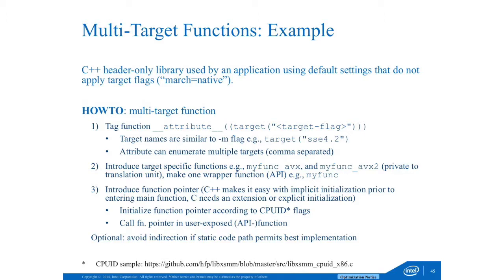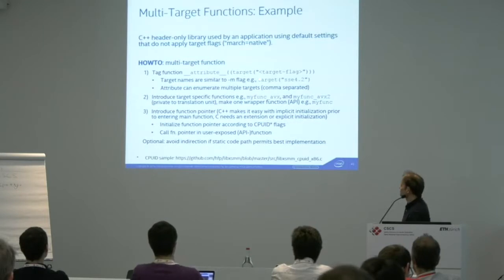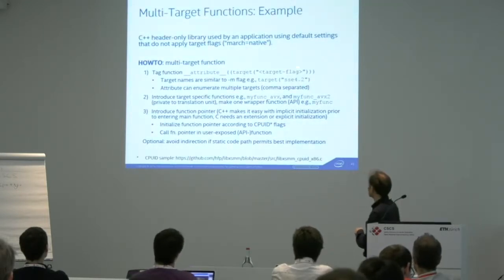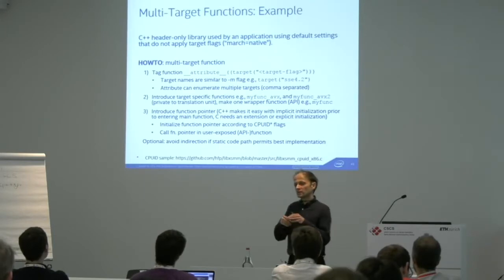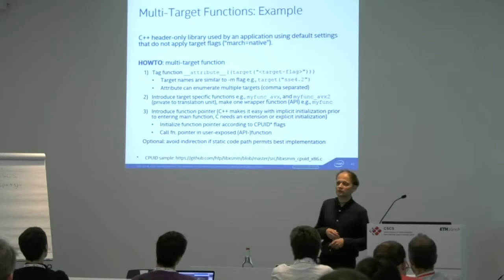The Microsoft Windows world has a declspec very similar, but you have this attribute. Then there is a new keyword since some versions that's called target, then a string in double quotes. And it takes a comma-separated list of instruction set extensions that you want to target. And that permits you to write intrinsic code for a function that is decorated with this target flag.